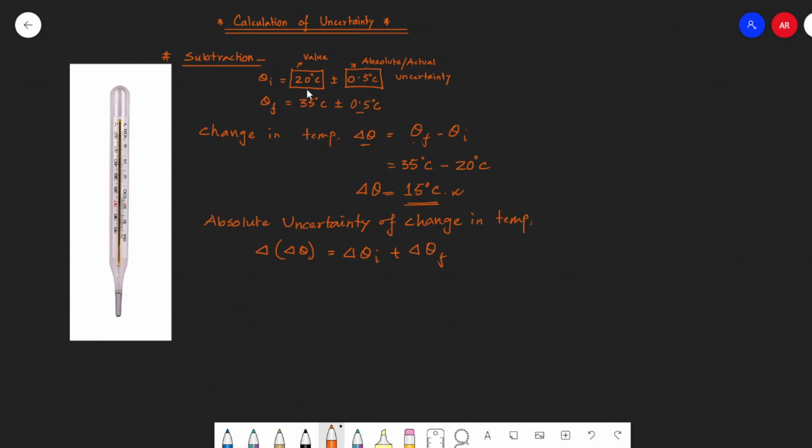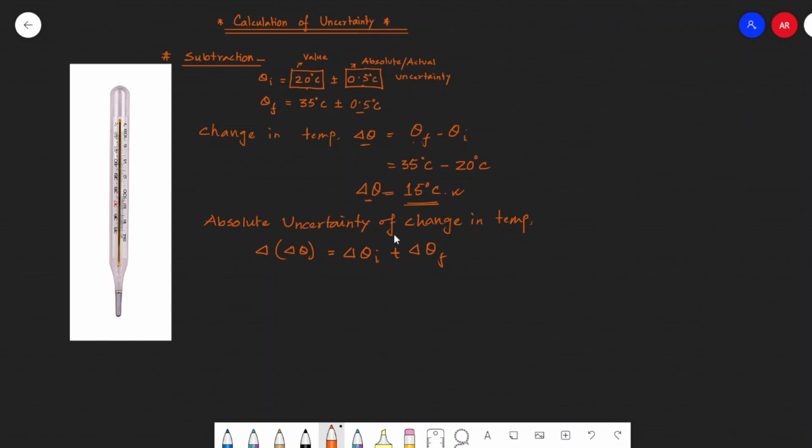Theta I, 20 degrees Celsius, does have the uncertainty of 0.5 degrees Celsius. So both the temperatures have the uncertainty, and since we used both of these two temperatures in calculating del theta, so both the temperatures' uncertainties are going to be included in the absolute uncertainty of the change in temperature.